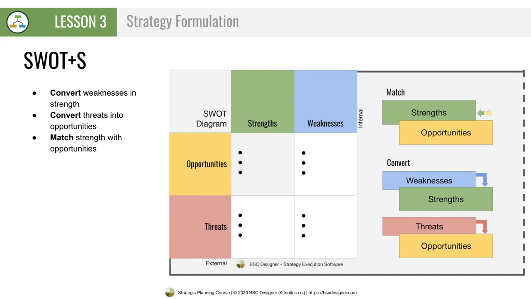We can come up with new strategic hypotheses by converting weaknesses into strengths, converting threats into opportunities, and finally by matching strengths with opportunities. In the reference for this lesson, you will find a link to the article about the SWOT+S framework.